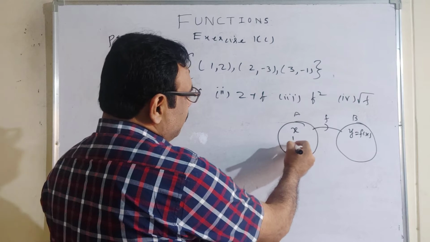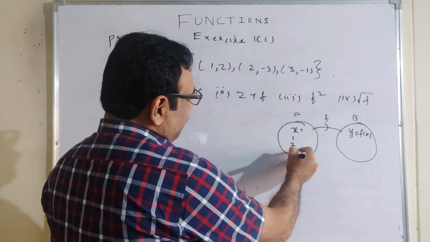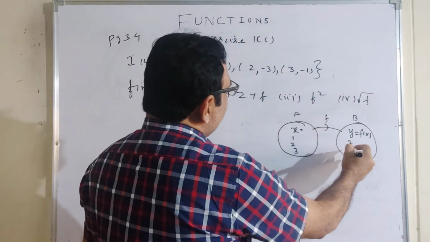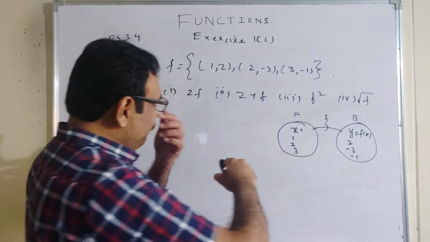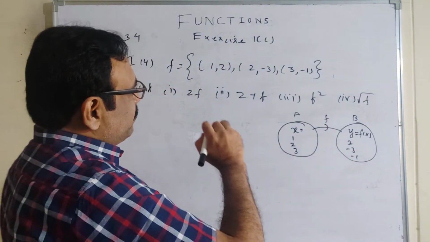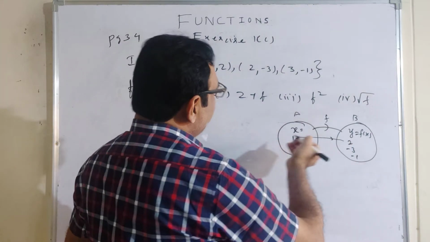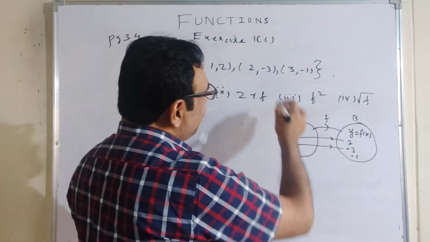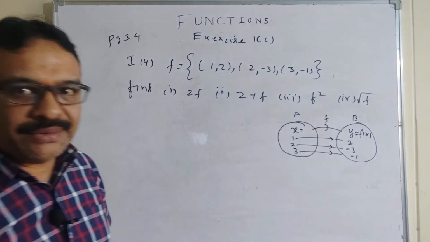We have 1, 2 and 3. What are the codomain elements we have? 2, minus 3 and minus 1. Now as you observe, 1 is pairing with 2, 2 is pairing with minus 3, and 3 is pairing with minus 1. This is the pairing part.